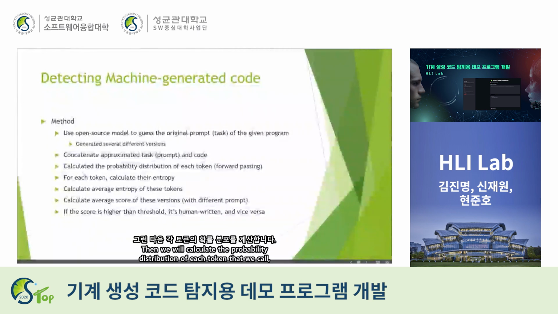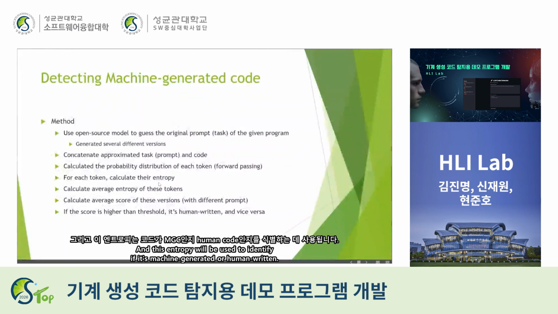Then we will calculate the probability distribution of each token, in other words, forward passing. For each token, we will calculate their entropy, and this entropy will be used to identify if it's machine generated or human written.